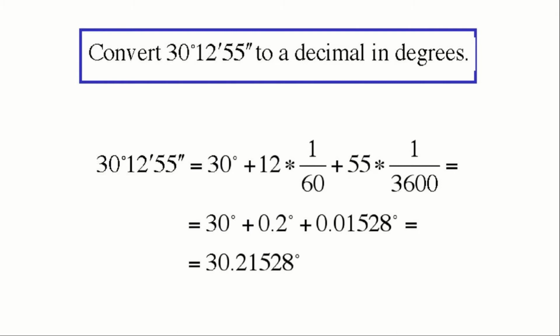After the decimal point, only 2 digits are required for this. So this is the way of converting degrees, minutes, seconds into decimal degrees. One thing we have to keep in mind: 1 minute is equal to 1 by 60 degree and 1 second is equal to 1 by 3600 degree.